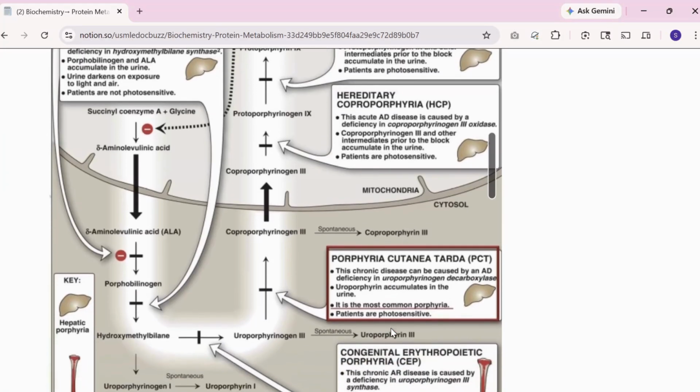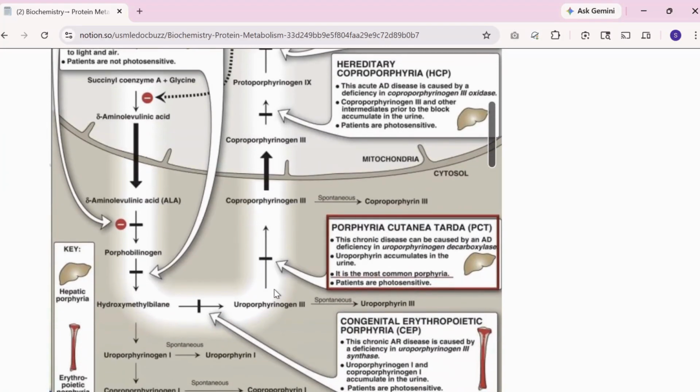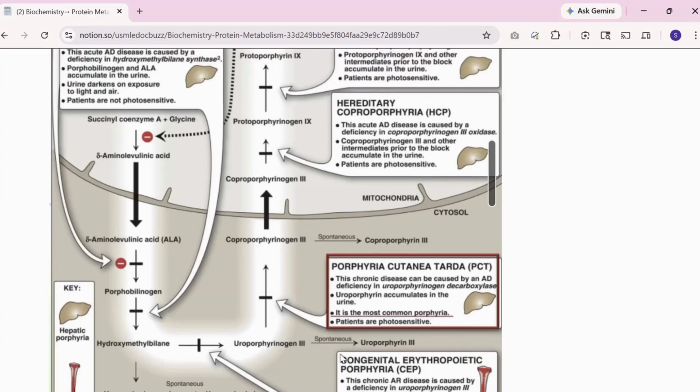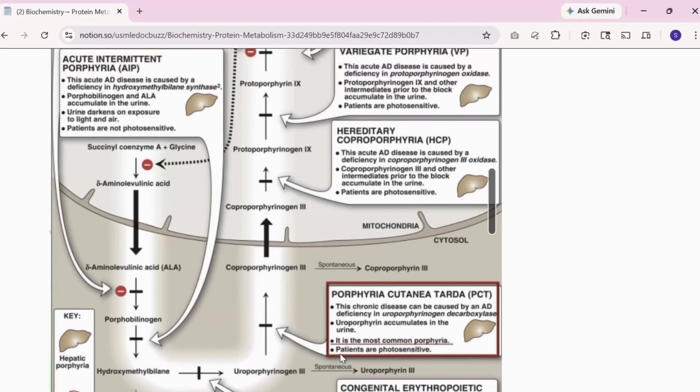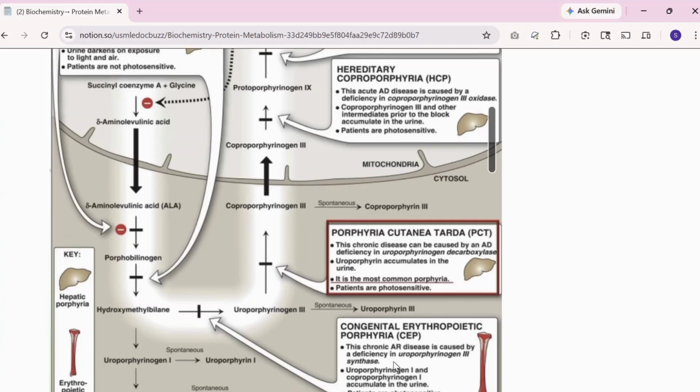This is uroporphyrin, basically like urine color, or coproporphyrin is like stool coloring. So they're shunted into these directions. That's what's going to happen. But are you going to make heme? No, you're not.